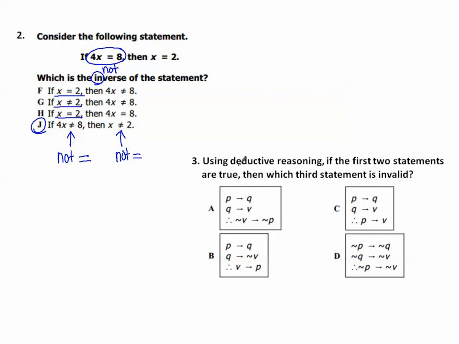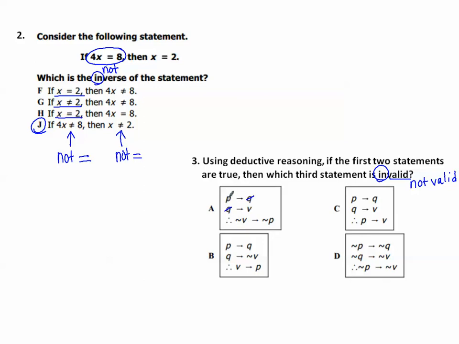Number 3, using deductive reasoning, if the first two statements are true, which third statement is invalid, not valid, or doesn't follow with our laws of logic? Let's start with choice A. If P, then Q. If Q, then V. I see the Q's match.